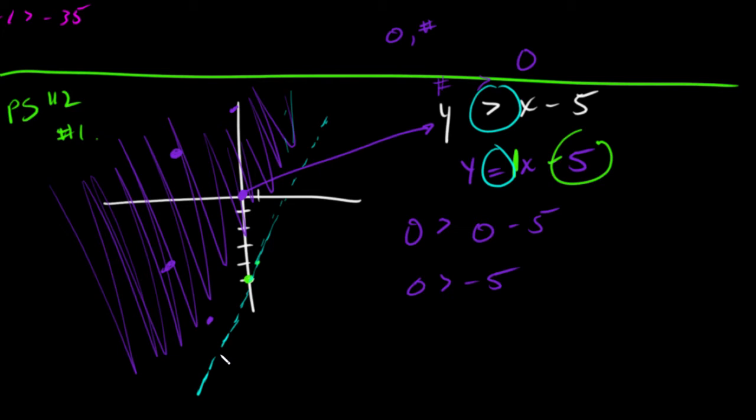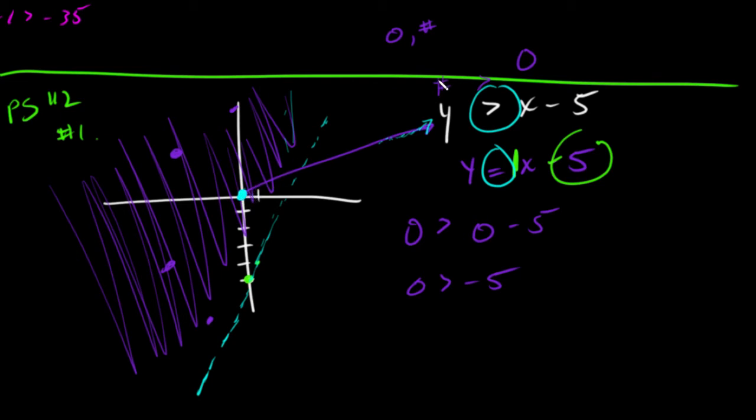So all you have to do is pick one candidate, like your ambassador. Like this 0, 0 is our ambassador to this side of the fence. This little point walks up to the inequality and says, hey, do I work? And if so, can you shade towards me? And you check. This ordered pair is like your little baby ambassador.